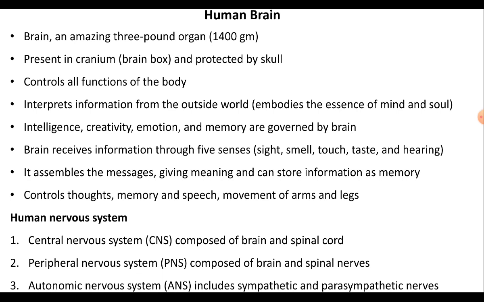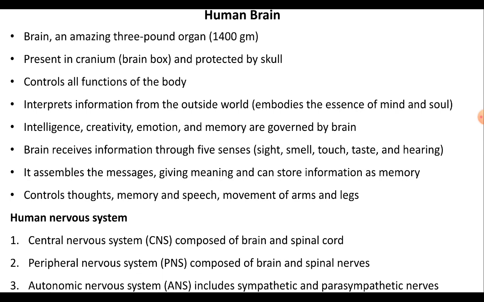Brain also controls the thoughts, memory and speech, and it also controls the movement of arms and legs. As a whole, brain controls all the functions of the body, where it also brings very good coordination among the organ systems in the body.